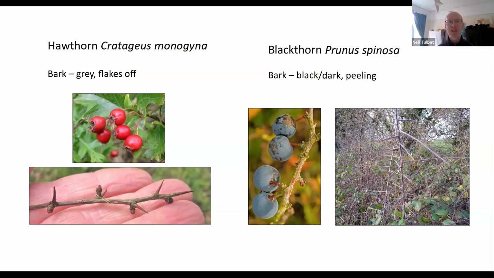I haven't got a picture of the bark on this, but the bark on hawthorn tends to be relatively pale, greenish grey, and as they get older, it gets quite fissured and flakes off into blocks or plates, whereas the blackthorn bark is very dark, sometimes black or dark brown, and that would tend to peel off more.